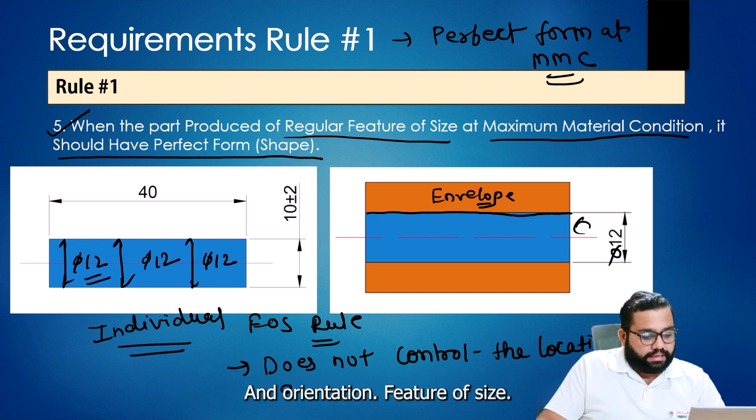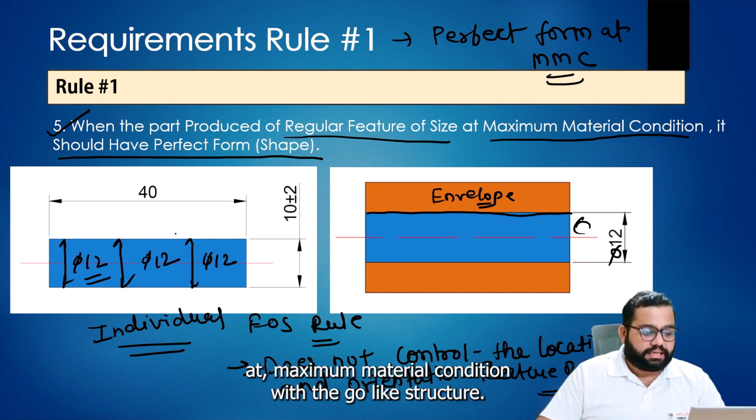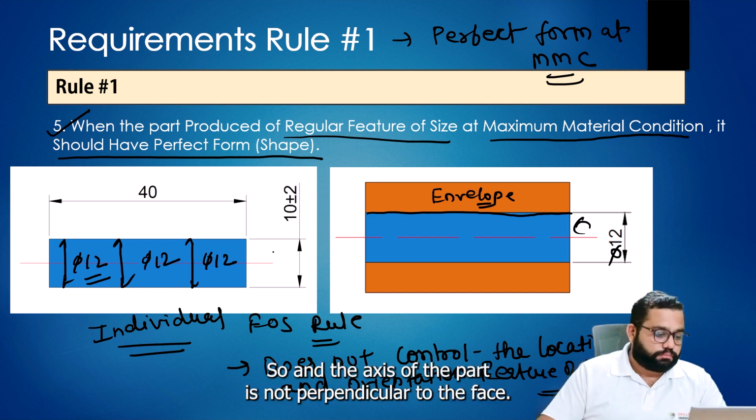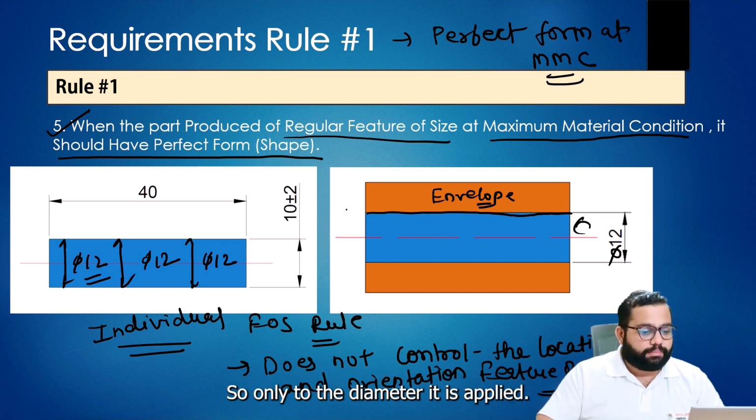Whenever it is manufactured at maximum material condition with a bow-like structure, the axis of the part is not perpendicular to the face. So this rule number 1 is applied only to the diameter.